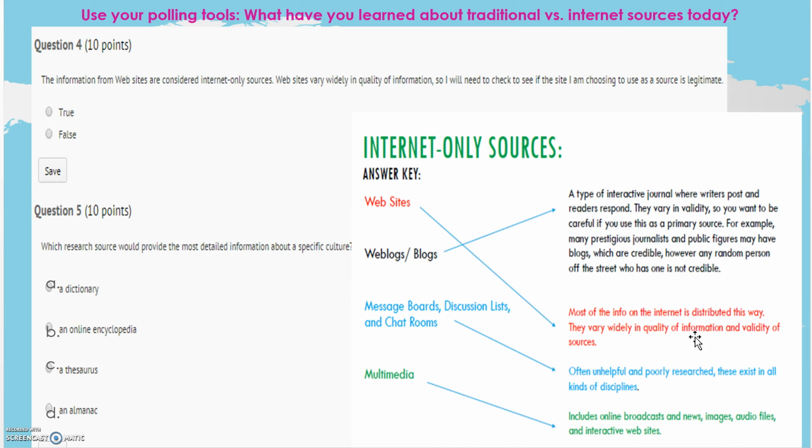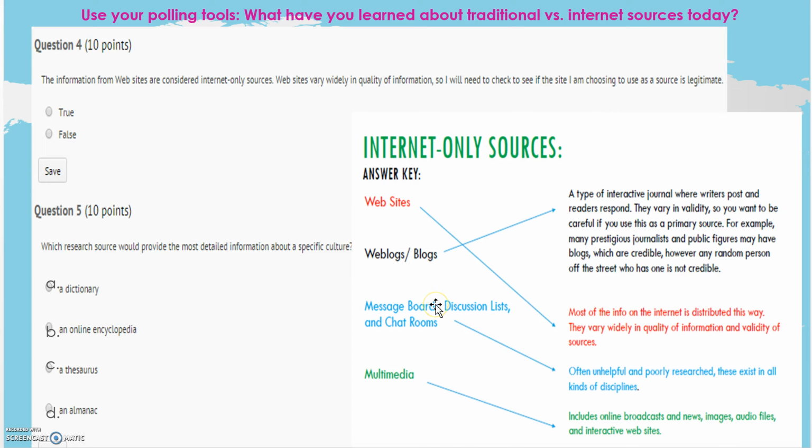All right, so look at our questions here and see what you can do with this information. The information from websites is considered internet-only sources. Websites may vary widely in quality, so you will need to check to see if the source is legitimate, right? Beware, websites are not always legitimate.